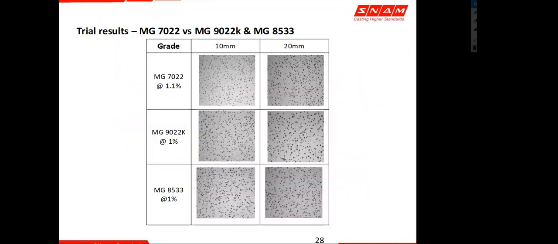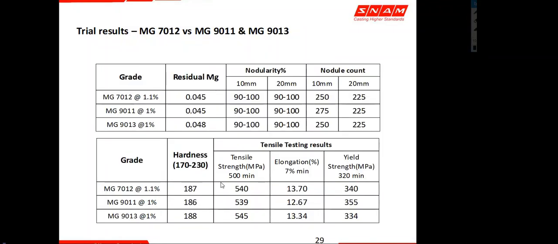And these are the microstructure results which go with the previous numbers. Here we see the nodule distribution, and the nodularity looks similar when compared across all three grades. And this is a 1% rare earth grade where we have compared different magnesium levels and different calcium levels.